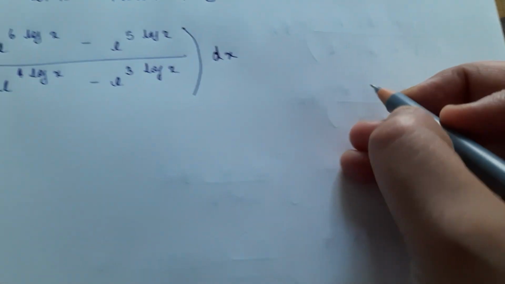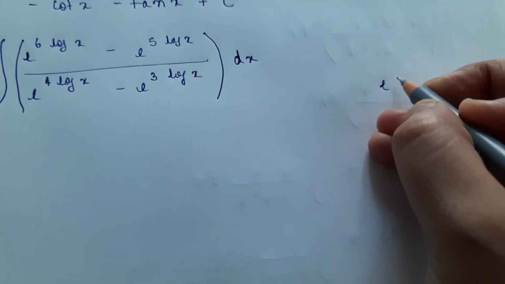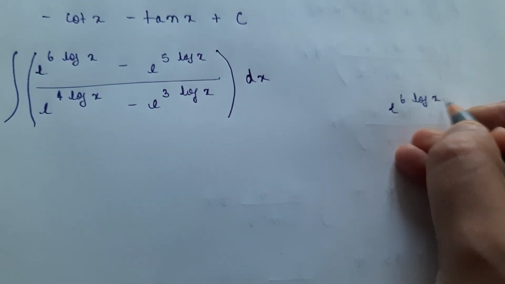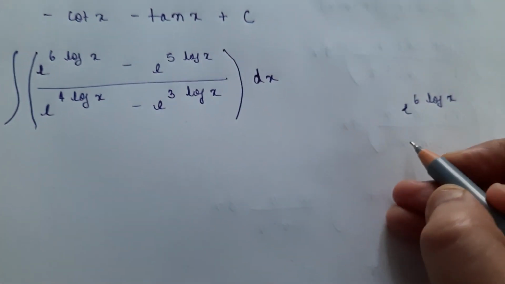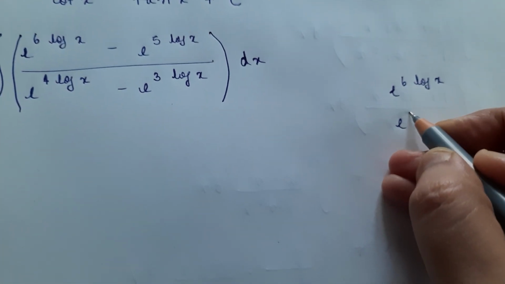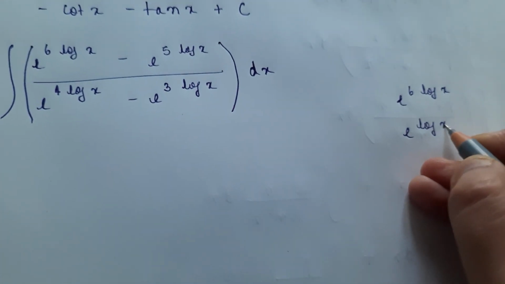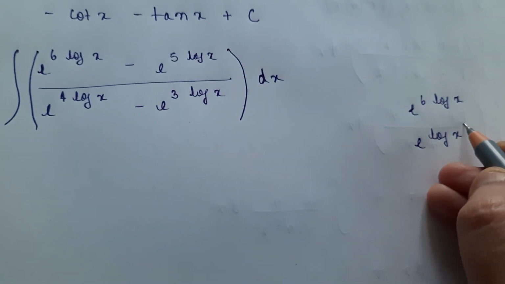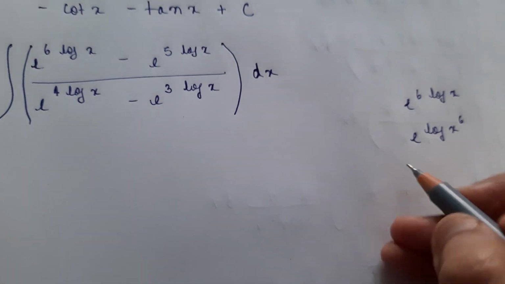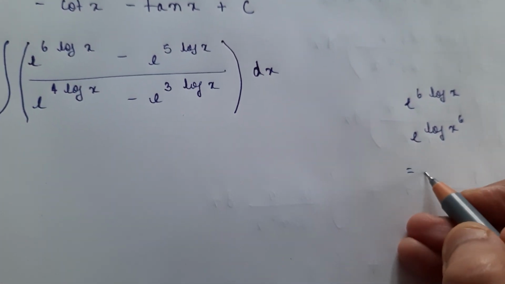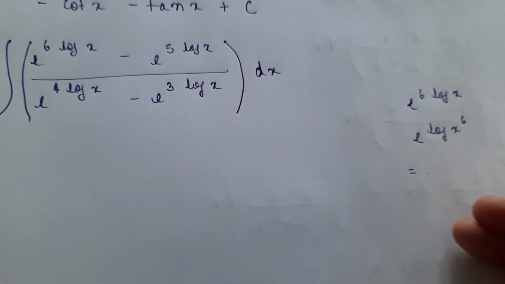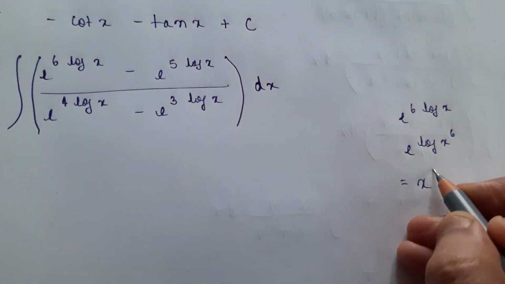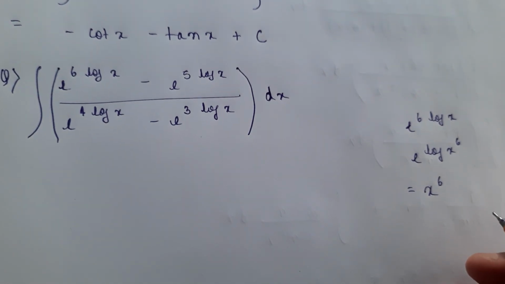Whenever you have such a thing like e to the power 6 log x, then you can easily write this as e to the power log x, to the power 6, which in turn, since this is log base e, you can simply write as x to the power 6.